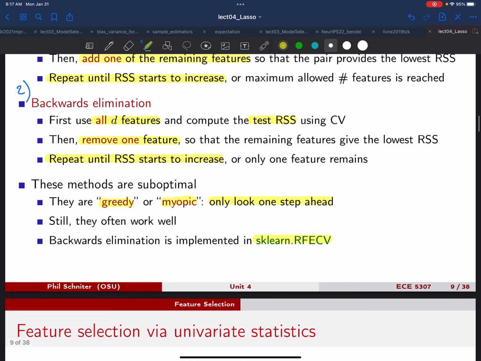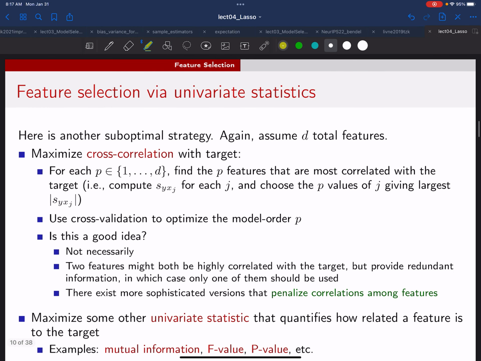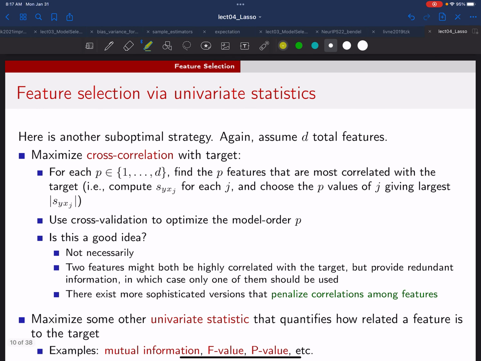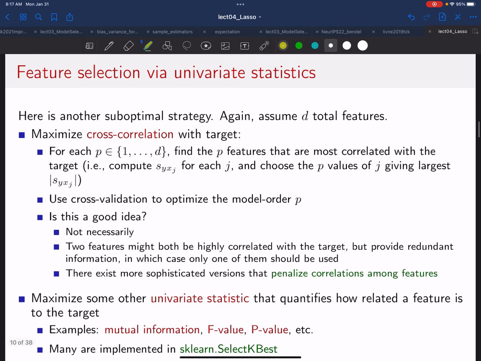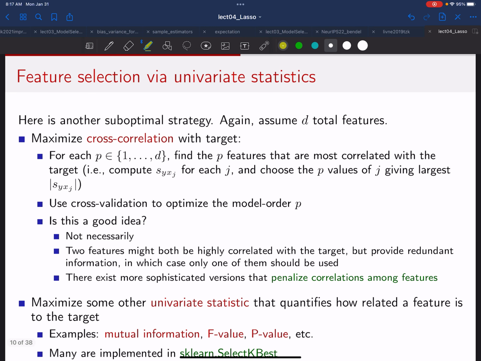Okay, so let's talk about the next approach. Next approach is totally different. There are several variations of it, but one variation is based on cross-correlation. The idea is that the features that are most correlated with the target might be the best for prediction.